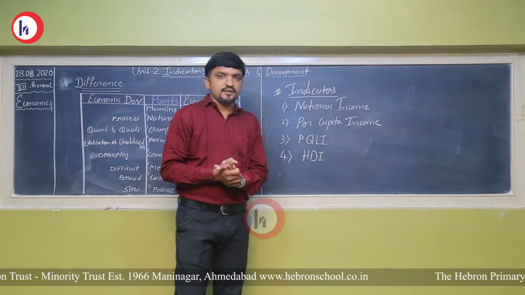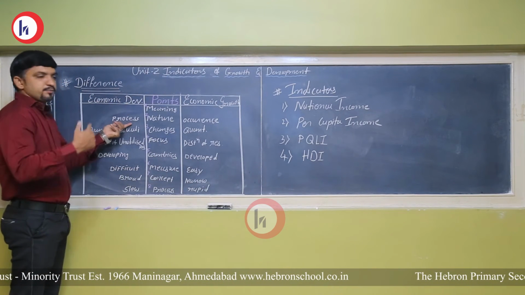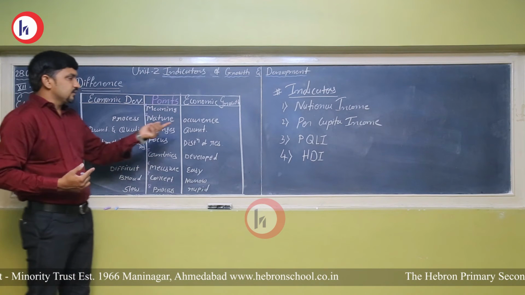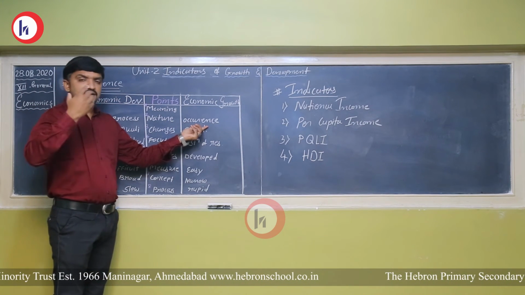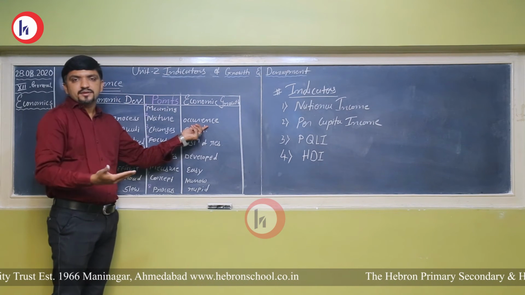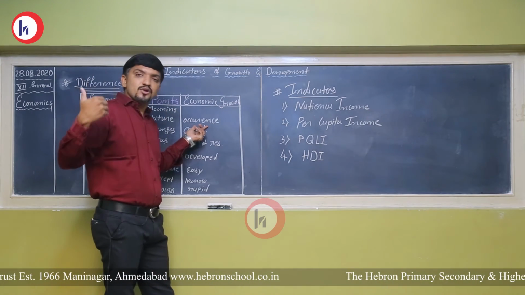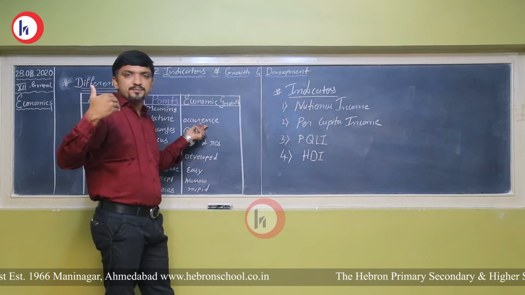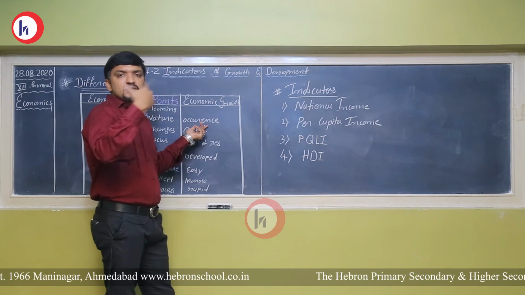That is, economic development is a process, while economic growth is an occurrence. For a developing country, it takes time to attain economic development, and the developed nations have already attained economic development, that they have already passed through this process, and economic growth is now an occurrence for them.